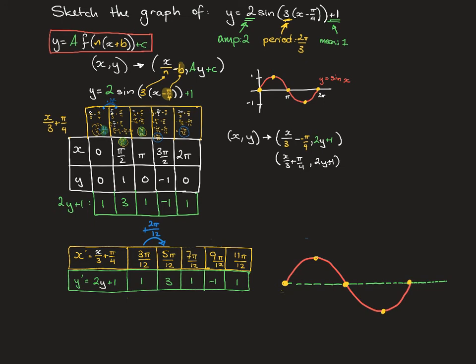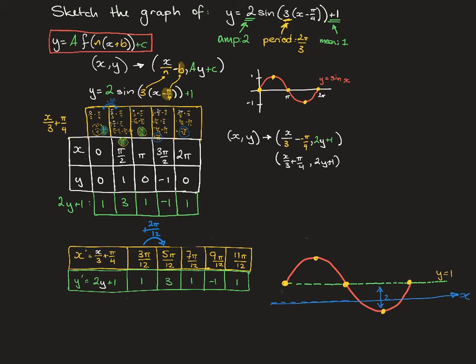That means that our mean value is the line y is equal to 1, and if our amplitude is 2, and this is number 1, then this goes down below the x-axis. So I'm going to pop the x-axis in blue as an x-axis.